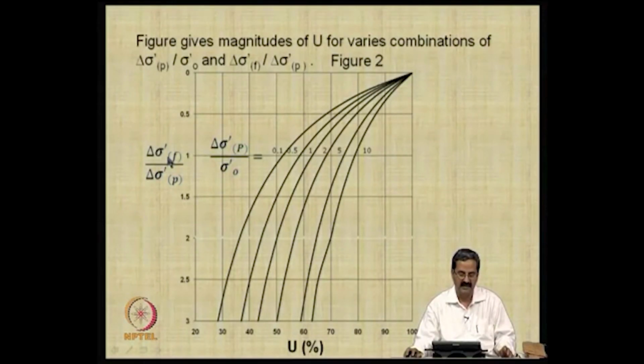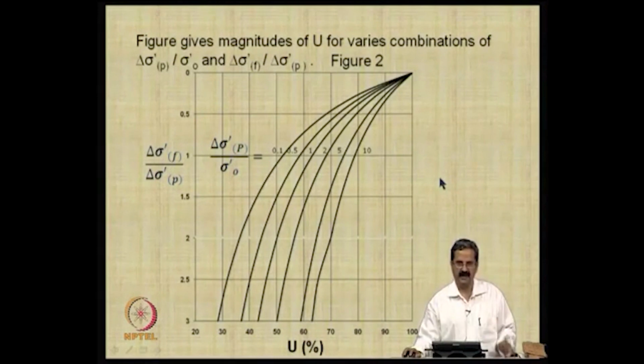The other one is the ratio of the fill load. Using this plot one can get the information on T2, whether it is 6 months, 9 months or 1 year, and by working out all these combinations you can get the number. I will just show an example.